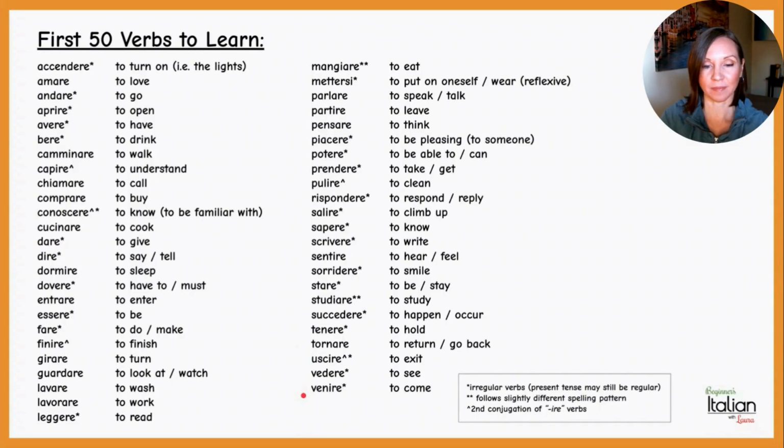Venire, to come. Vivere is to live. And volere. Volere is to want. And there you have it, your first 50 verbs to learn.